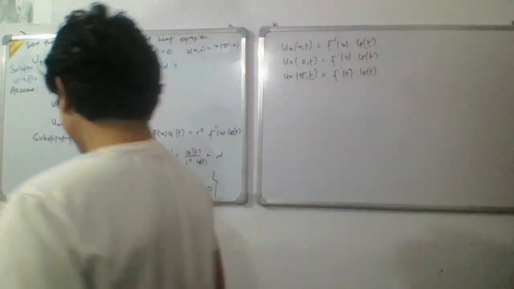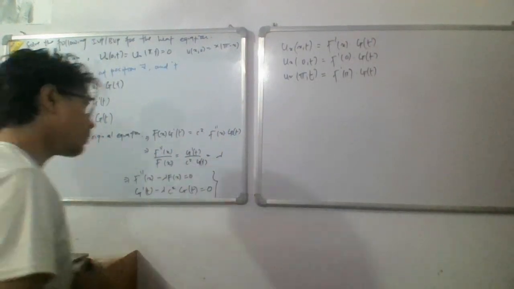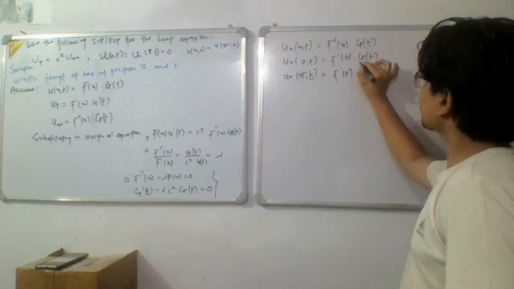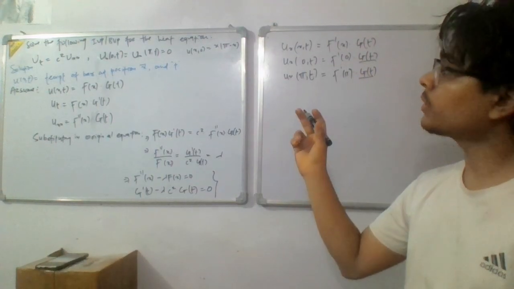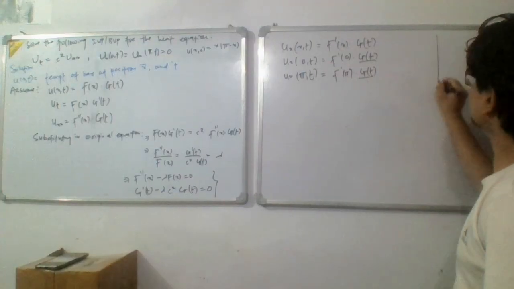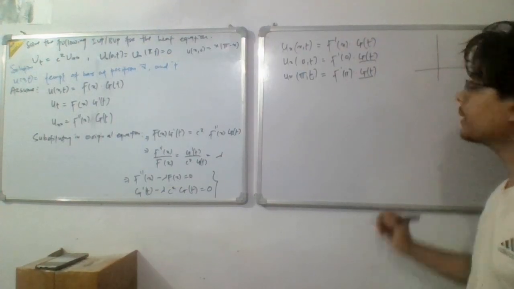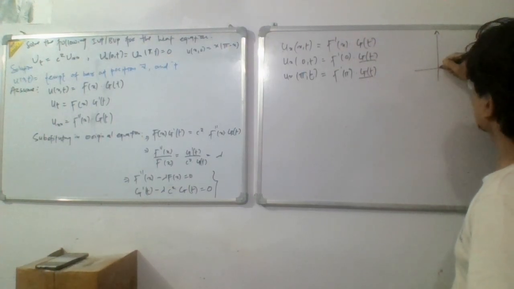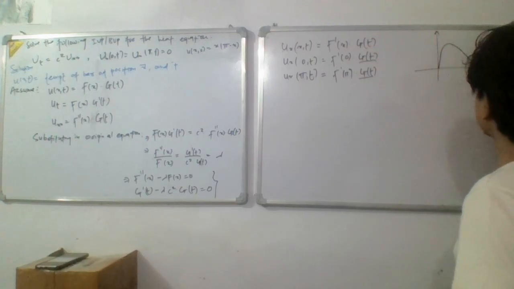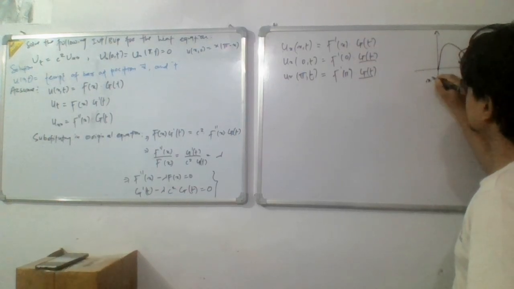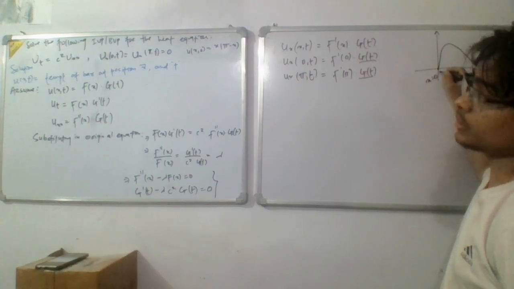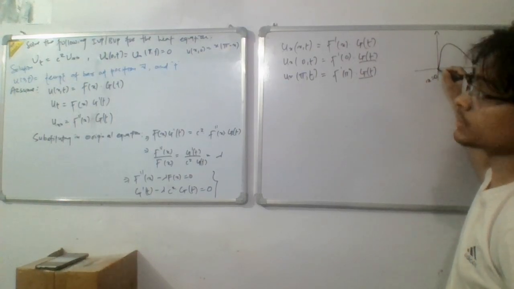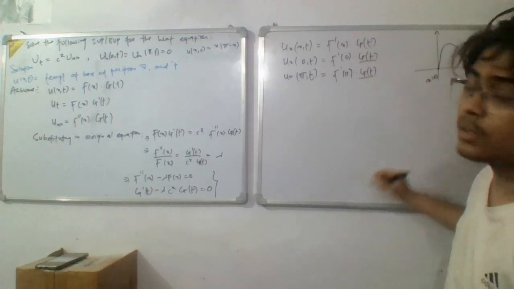Now here we can see this is a function that defines the temperature. That means if we try to draw a temperature profile, we get something like this. At x equals 0, the temperature is defined by the initial condition.